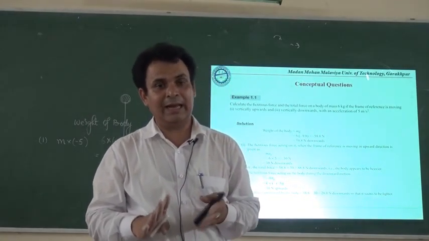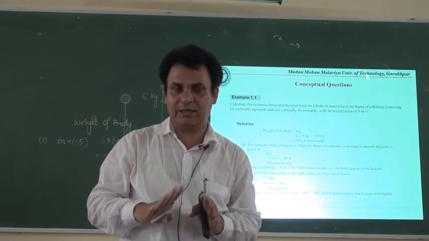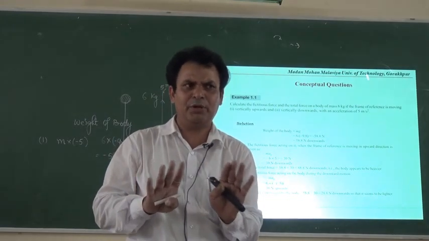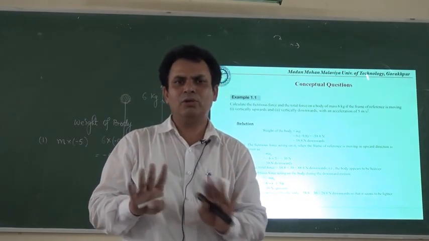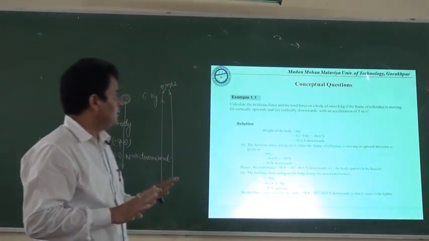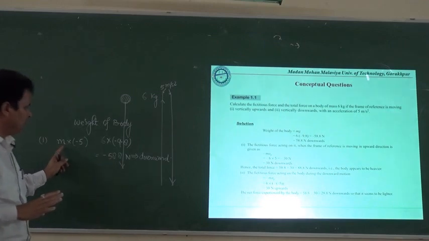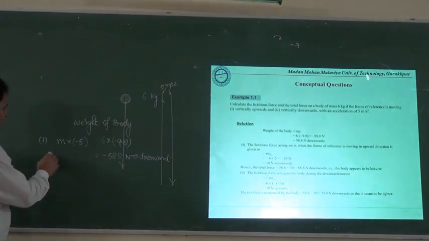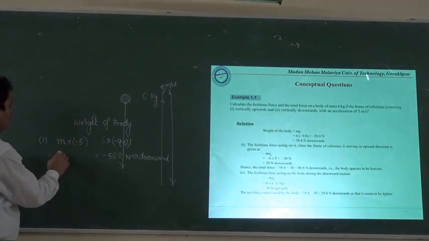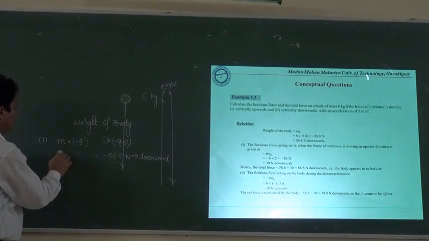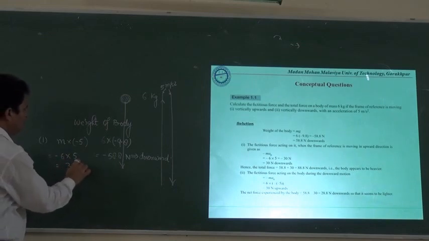The force acting on the body due to its weight will remain as such, universally applied in both frames of reference, but because of the motion of the frame of reference we have an additional fictitious force, and its value is 6 multiplied by -5, which is equal to -30 Newton.